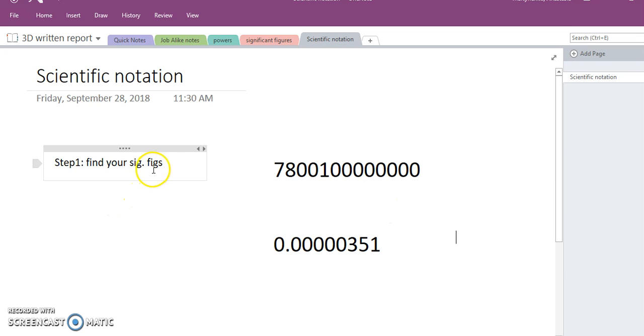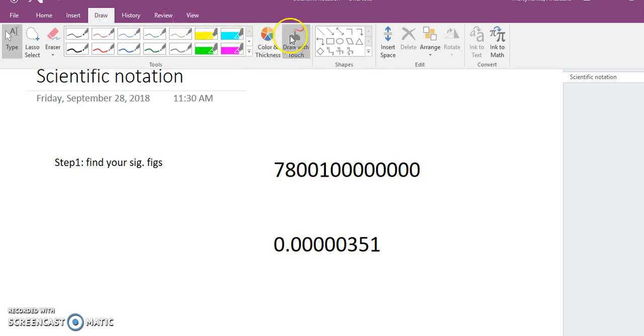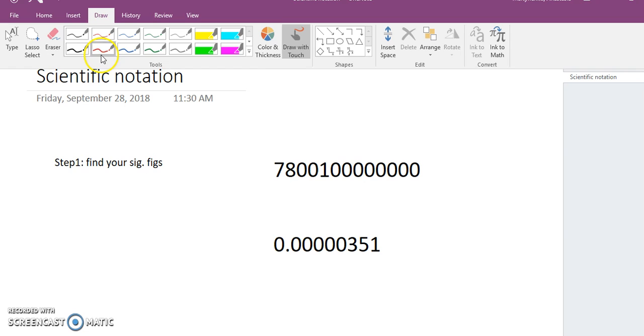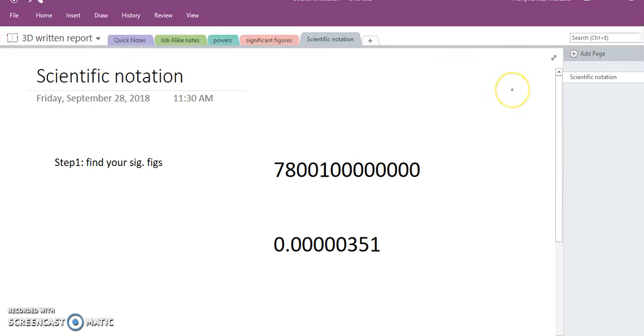So, step 1, find the sig figs. Like I said in my video about sig figs, you need to find the first non-zero number in your number as you're moving away from the decimal point. So in this case, I'm moving to the left. In the other case, I'm moving to the right.